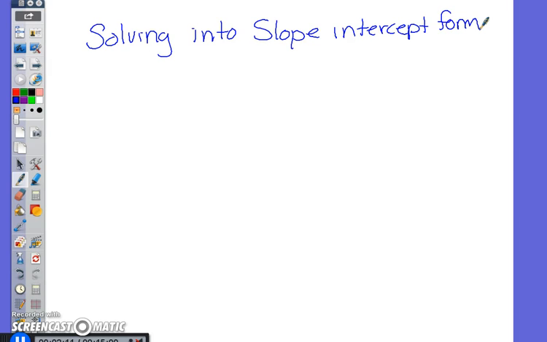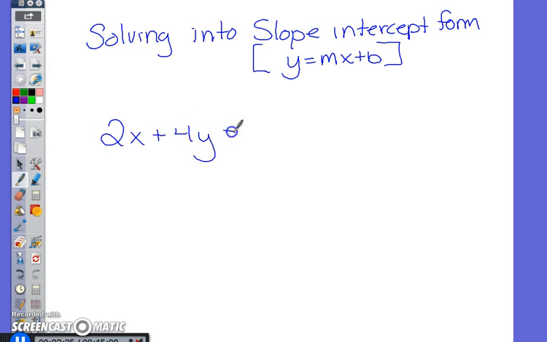This is an ordered graph. You need slope-intercept form in order to graph, and remember slope-intercept form is y equals mx plus b. Don't forget that. But let's say you were given this equation, 2x plus 4y equals, I don't know, 8.